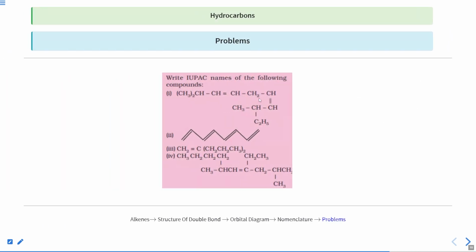So how will you name it? This is the whole compound. Just look at this, it is going here, here, and here. There are two ways to count it. First of all, let us find the longest chain. You can go from this carbon or this carbon. I think we should go from this carbon because it has two carbons here.